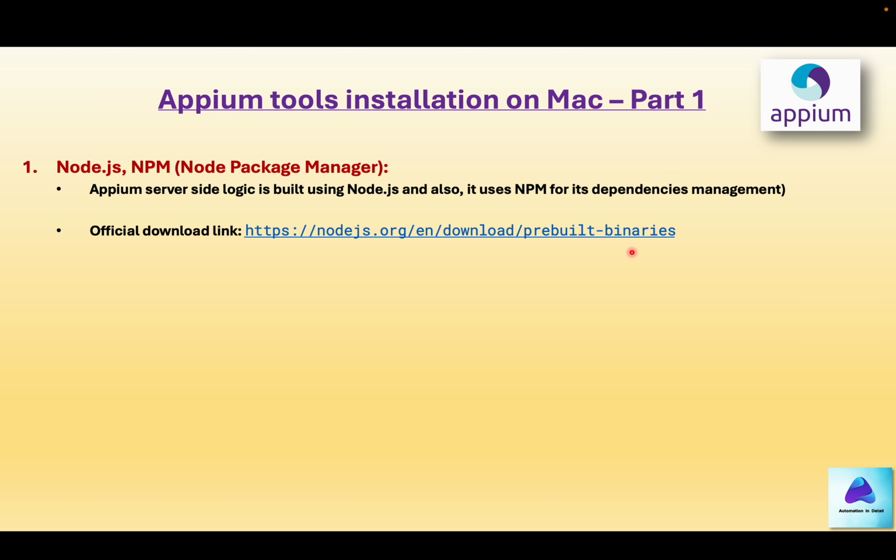There will be some rules and regulations that organizations set when it comes to software installation. They can have their own proxy, so if the organization has a proxy for internet access, you might need to configure that in your system so that you can download software from the internet.